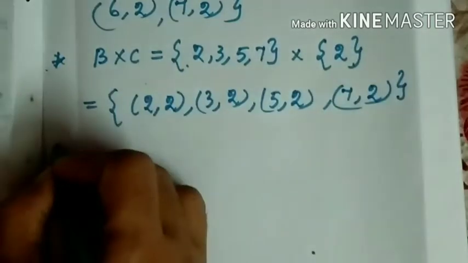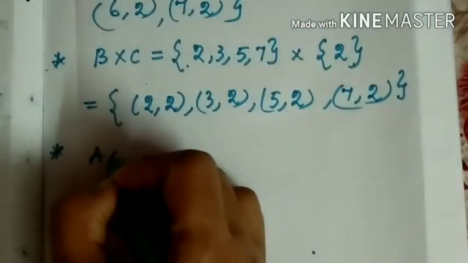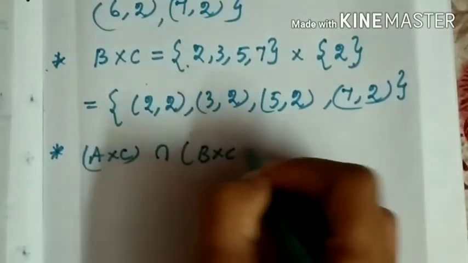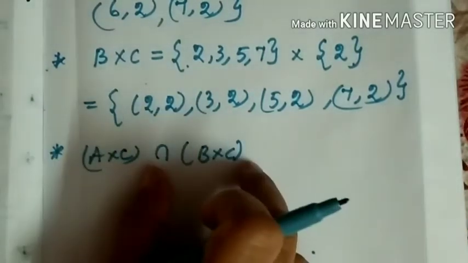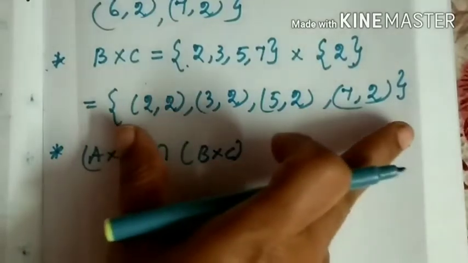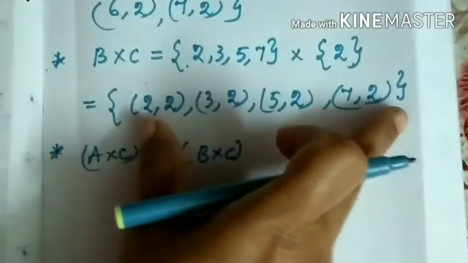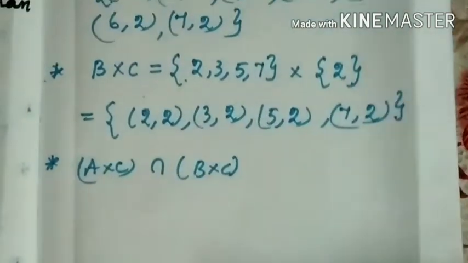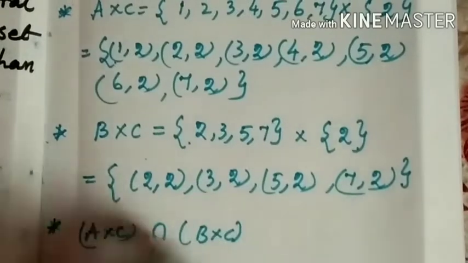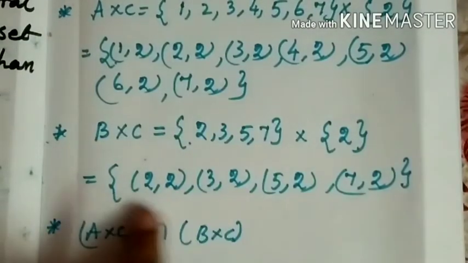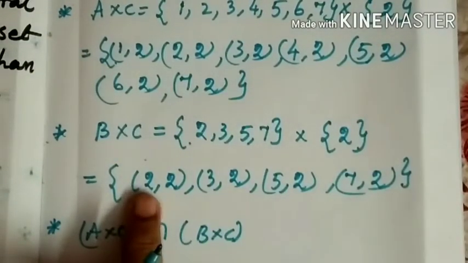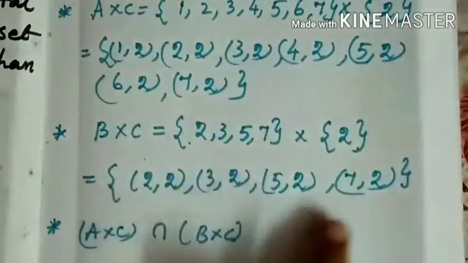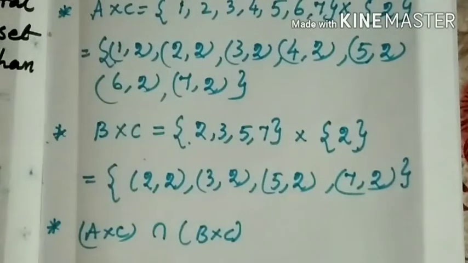So next we find A cross C intersect B cross C. That means the common ordered pairs of set A cross C and B cross C. Seeing the previous step, which are all common ordered pairs? We find (2,2), (3,2), (5,2) and (7,2).